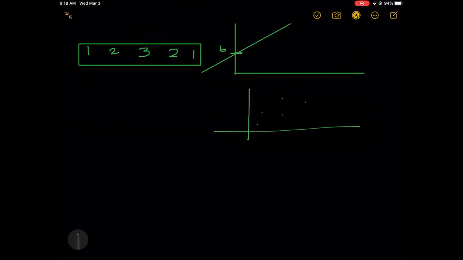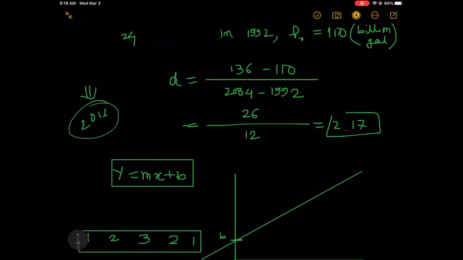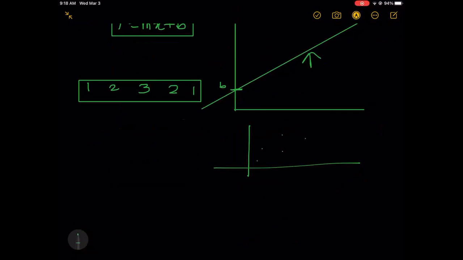So there is a problem when you want to solve it like a linear problem. If you solve it like a linear problem, there will be some discrepancies depending on which time duration you are calculating the slope for, because it will be pretty close but not exactly the same, because it's not a straight line.